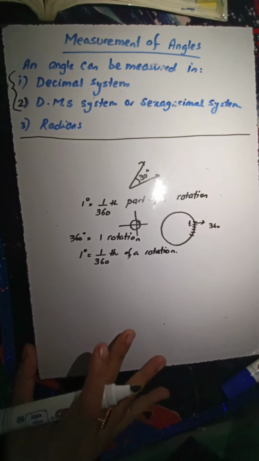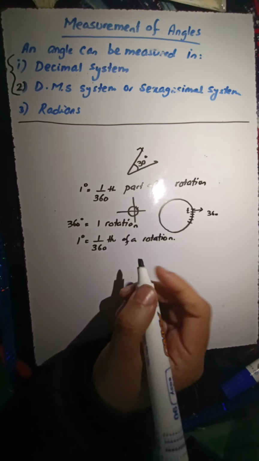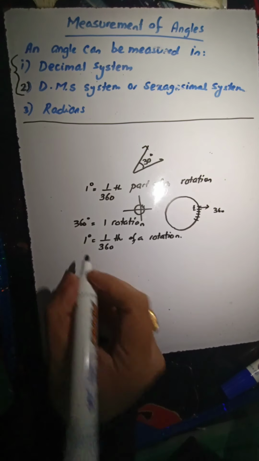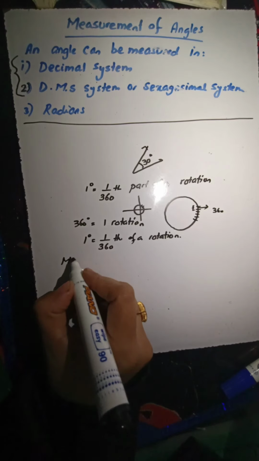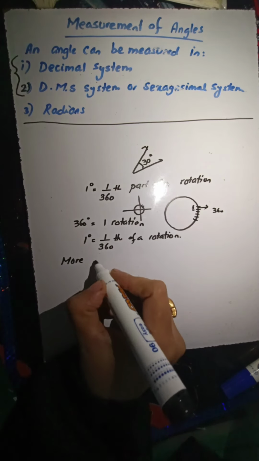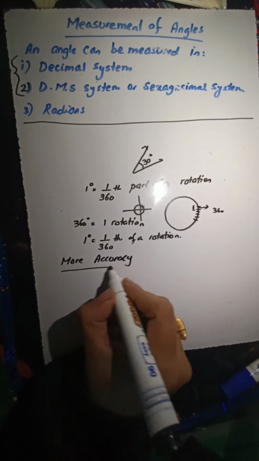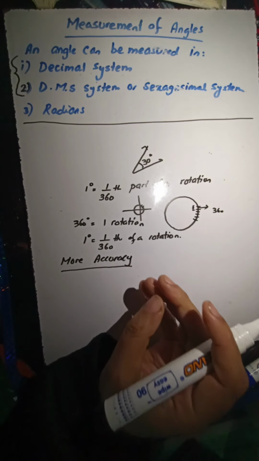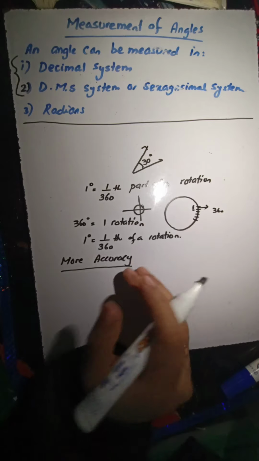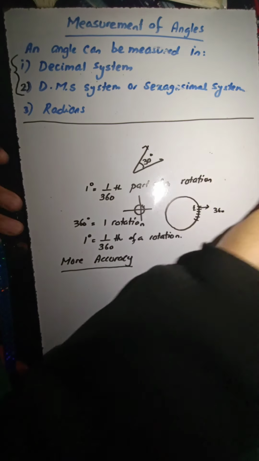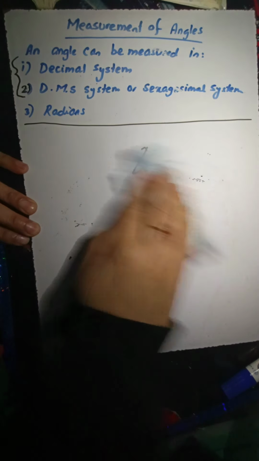Now, to express angles more accurately, we have divided a degree into further divisions.